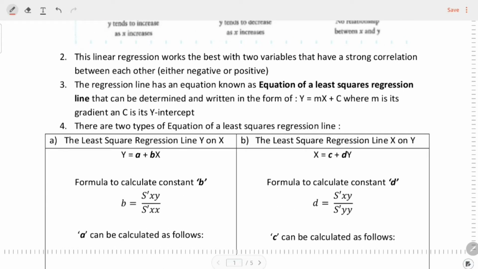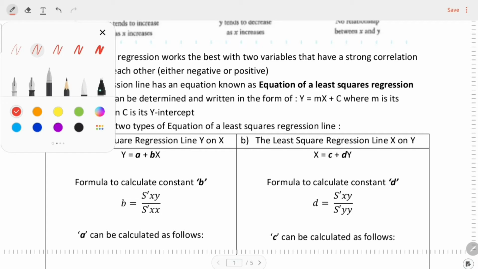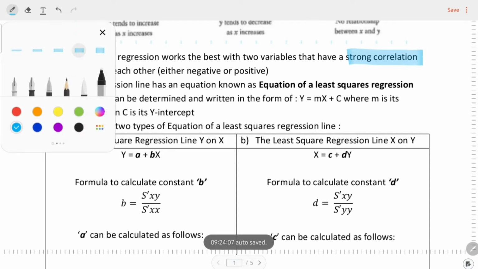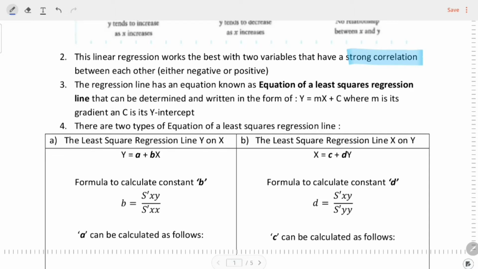Linear regression works best when we have a very strong correlation. Strong correlation means high R values. How do we find out whether something has a strong or weak correlation? Based on the R value.